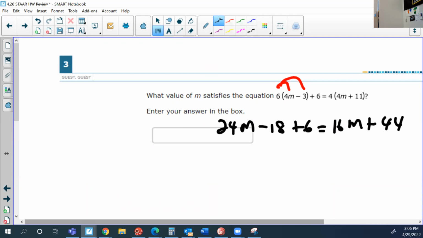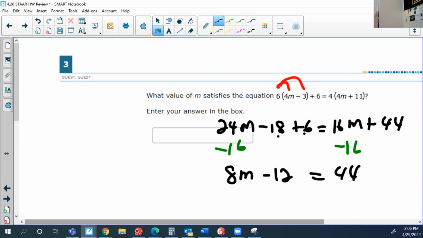I want my m on the left side, so I'm going to subtract 16m here and 16m there. So that gives me now 8m, and these two, minus 18 plus 6 is minus 12. Minus 12 is equal to 44.